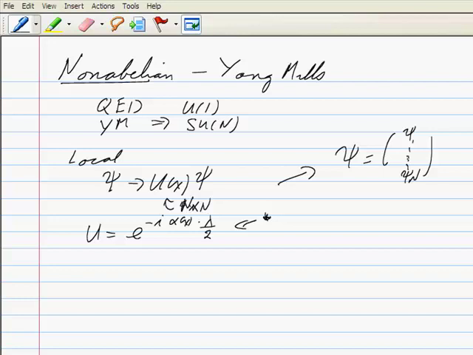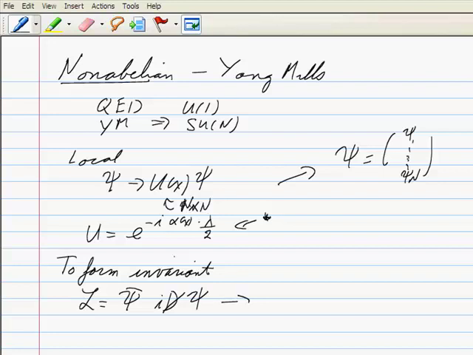So, if we want this to form an invariant, we're going to want the Lagrangian to be psi bar i d slash psi. That goes to psi bar prime i d slash prime psi prime.